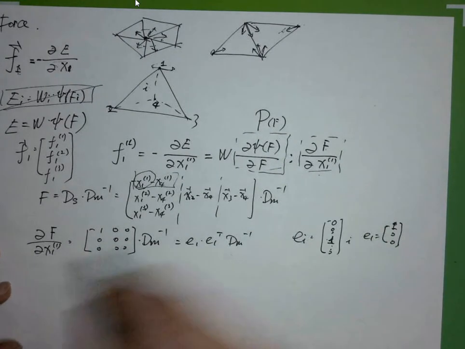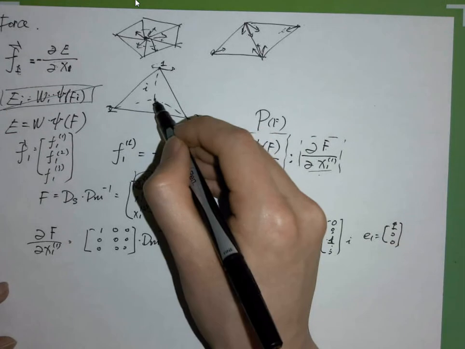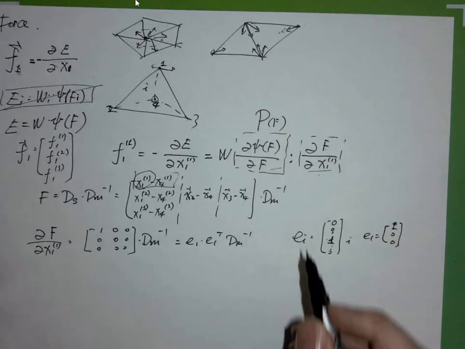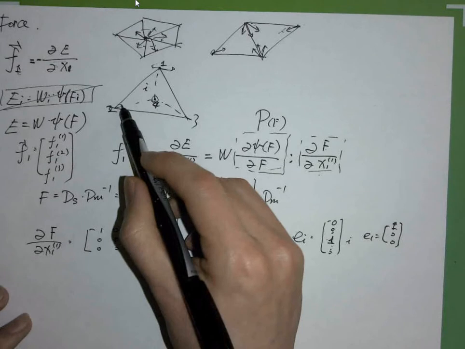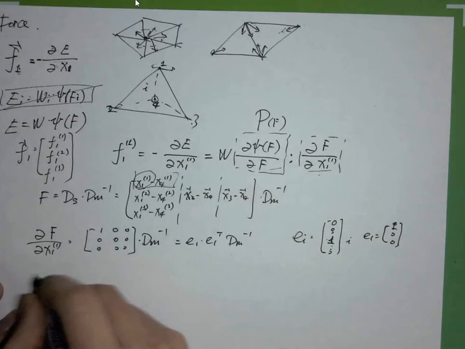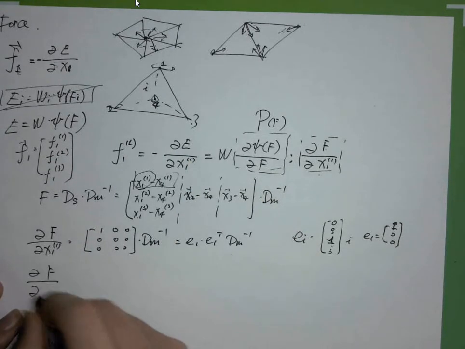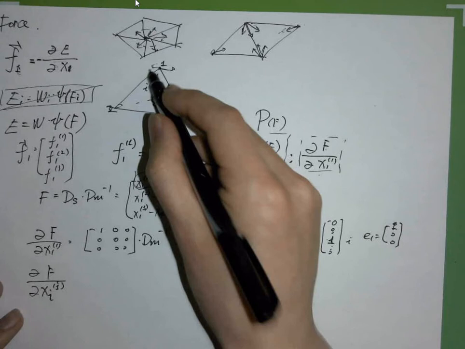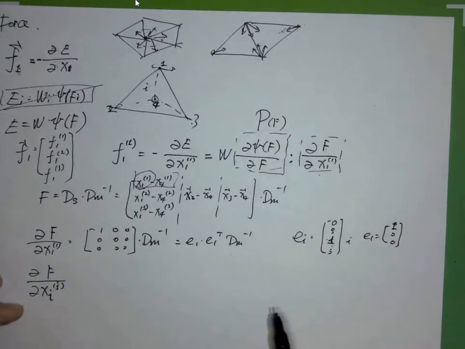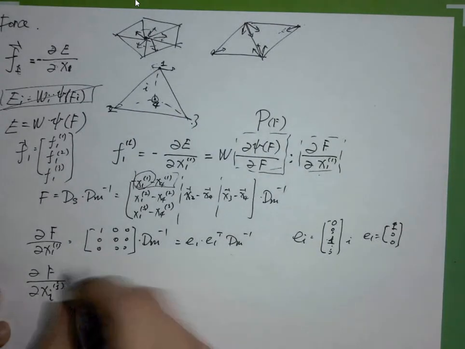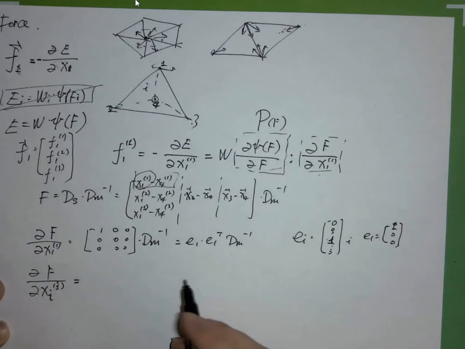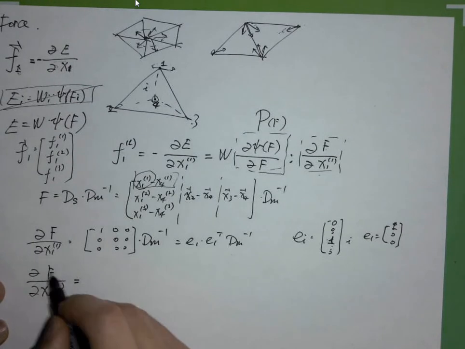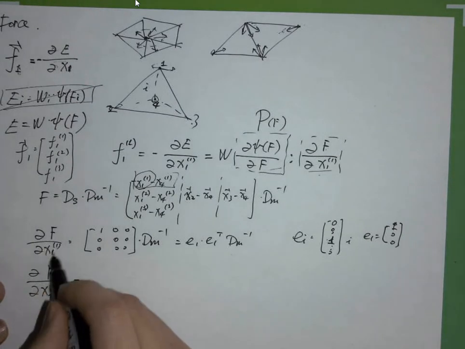So let's forget about the last vertex x4. Think just about x1, x2, and x3. What is df/dxij? Where i means the index of the vertex, and j means the index of the coordinate. All right. So let's think about it first. What is df/dx12, say?